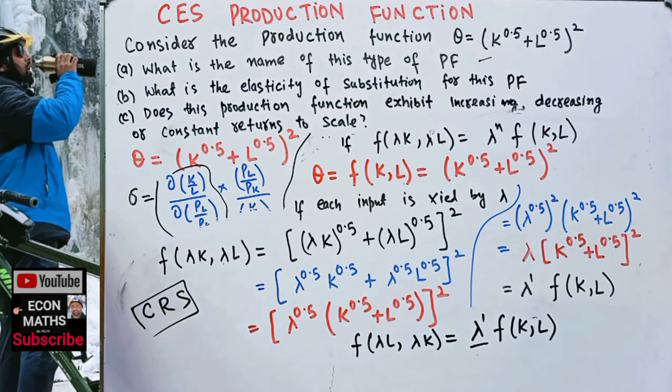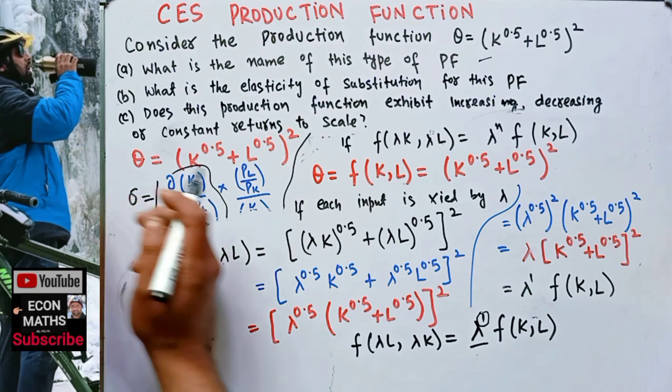If the exponent of lambda was less than 1, then we would have decreasing returns to scale. Let me write it here.